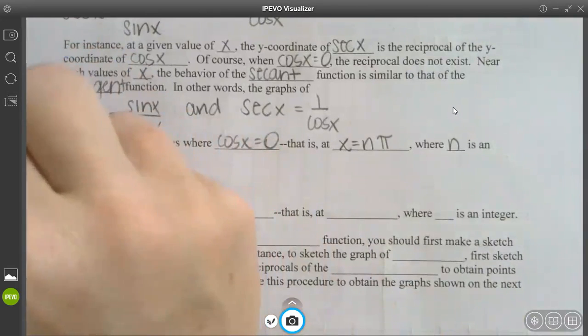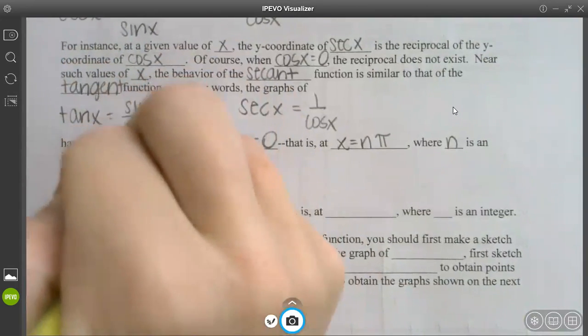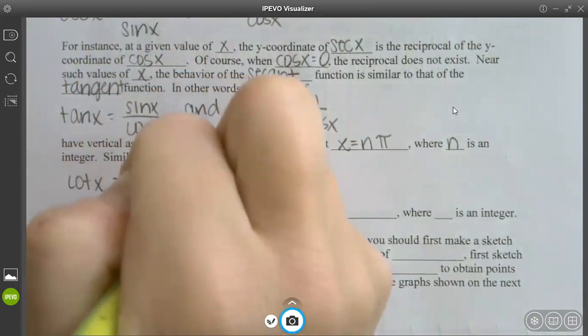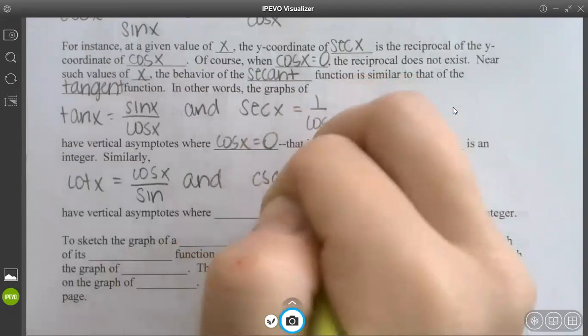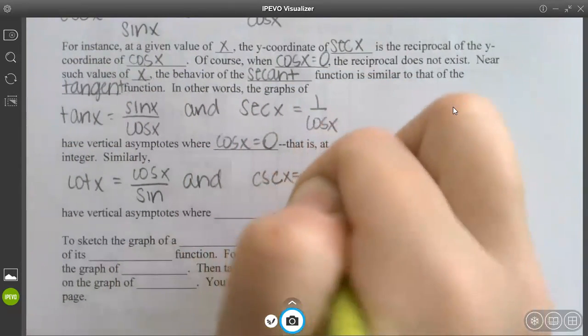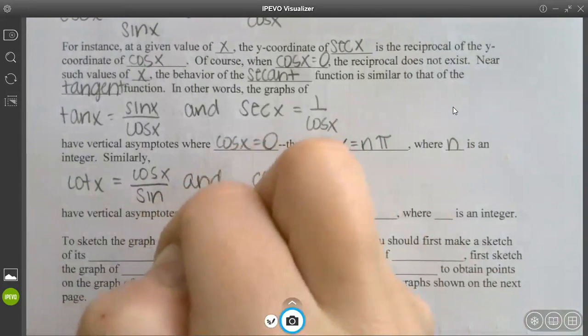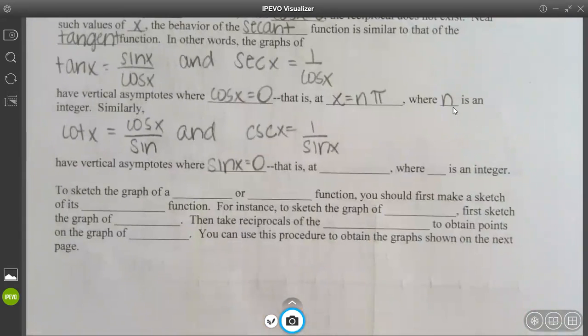Similarly, cotan x, which is gonna be cosine over sine, and cosecant x, which is 1 over sine x, have vertical asymptotes where sine x equals 0. And again, that just has to do with putting their coordinate in the denominator being 0.